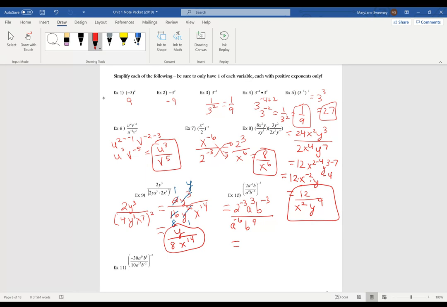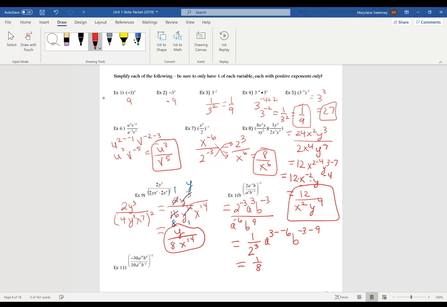Okay, so 2 to the negative 3rd is going to be 1 over 2 to the positive 3rd, right? You have to flip the 2 to 1/2, and then that becomes positive 3. Now, it'll be a to the 3 minus negative 6, b to the negative 3 minus 9.